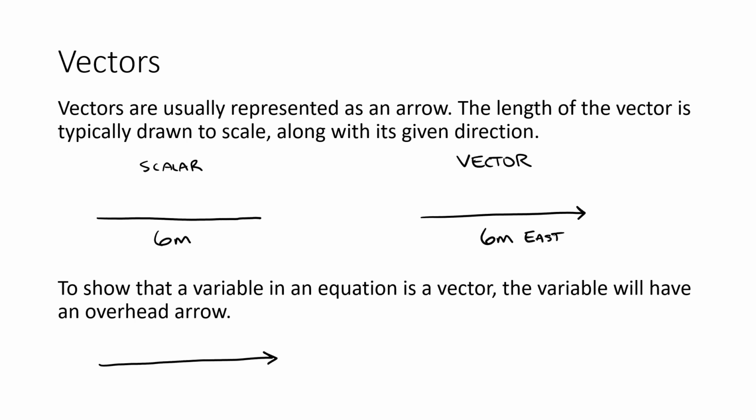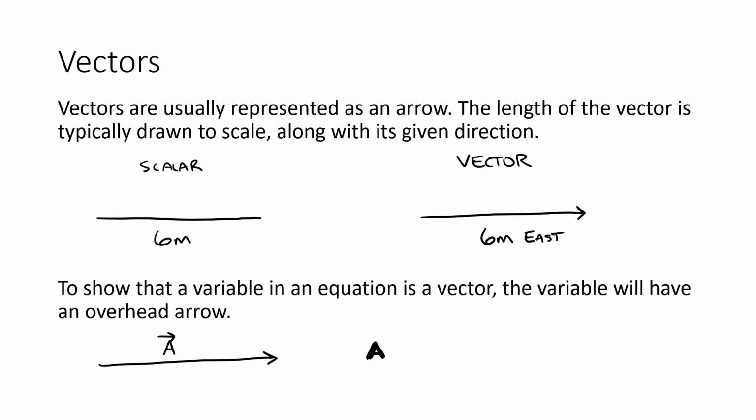I'm going to call this one vector A. So vector A is typically labeled with an overhead arrow right above it. In a lot of different books, different authors, you might see a vector labeled as boldface. I can't really do that on this slideshow, but it's just boldface. That means a vector. So instead of this, it might just be the same thing but bolded.